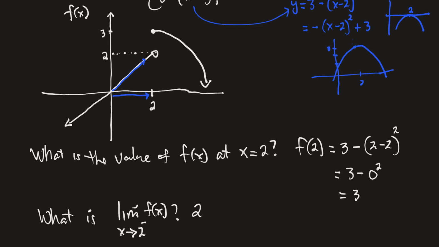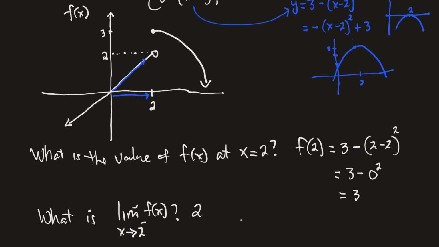We're looking to see, if we were to continue getting closer and closer to x equals 2, where would this portion of the graph get closer and closer to, right? And the y value here is 2. So this is the one-sided limit from the left, right?